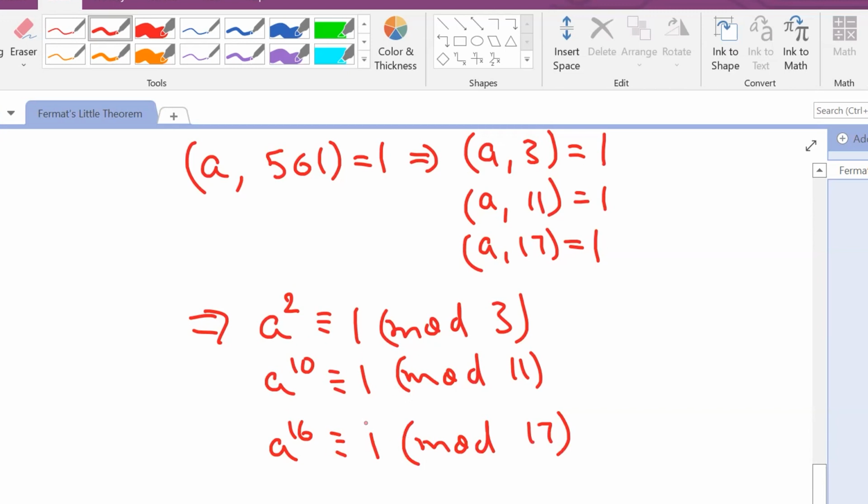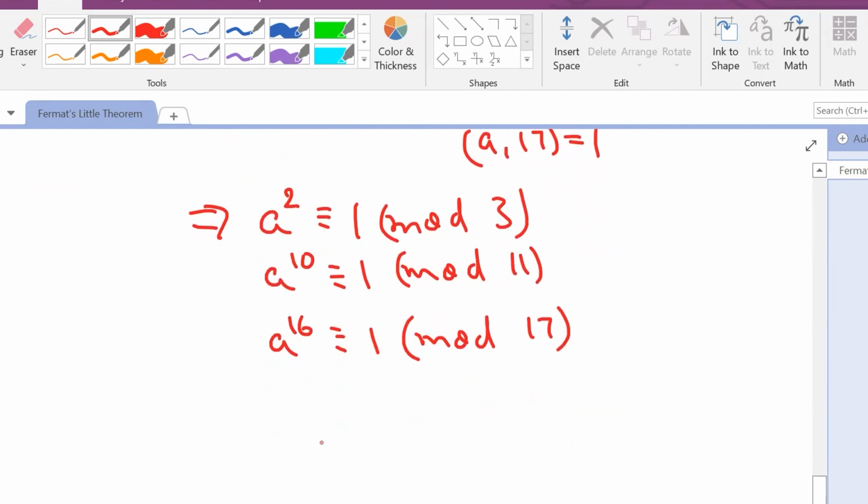Wonderful. But we can write the above statements in a slightly different way, right? Now, what is a squared to the 560 by 2 congruent to? Remember, 560 by 2 is 280, which is a natural number. We can raise a squared to such a power. But a squared is 1, so this entire thing has to be congruent to 1 mod 3.